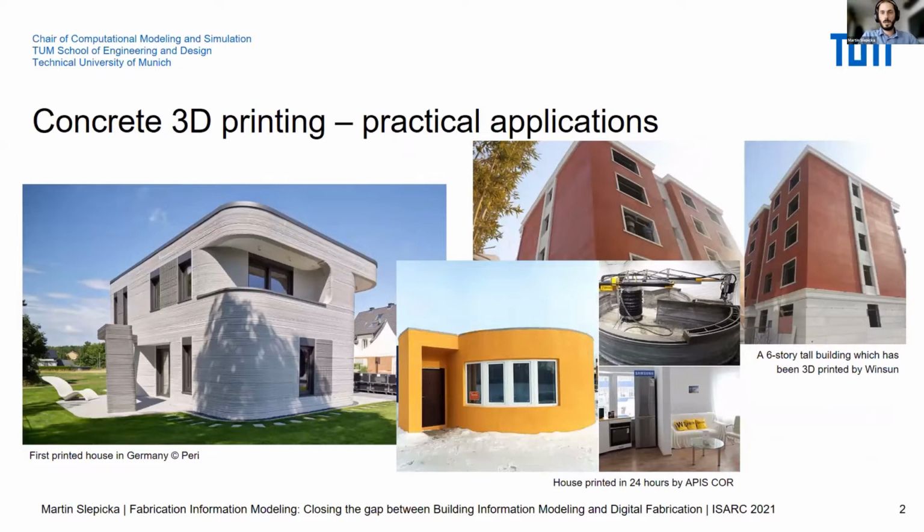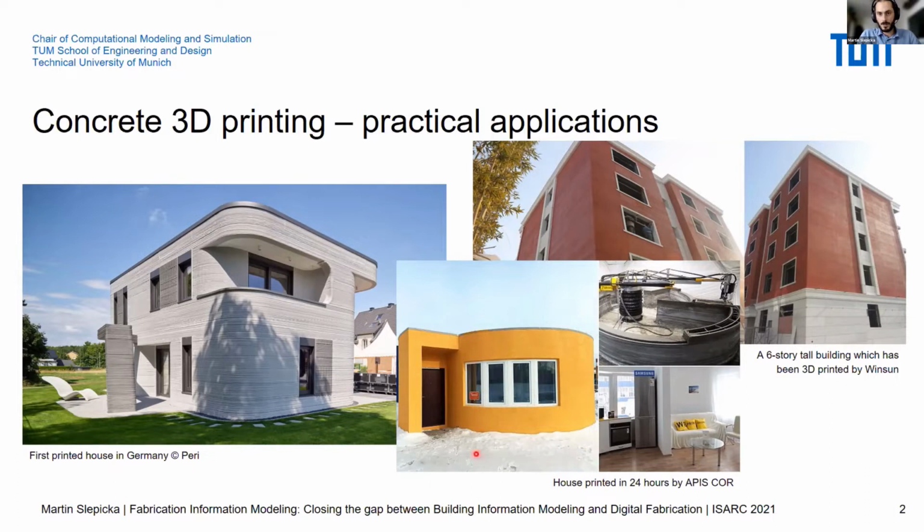In the middle, for example, there is the Apis Cor print, this round-shaped building you might already know. Then on the right side, we have the WinSun print of a multi-story building. And on the left side, there's the house that was printed this summer in Germany by a company called Peri. And they used a specific printing method, which is shown here.